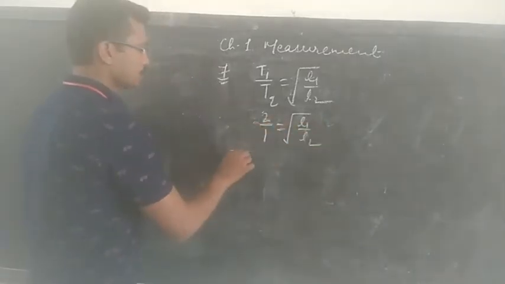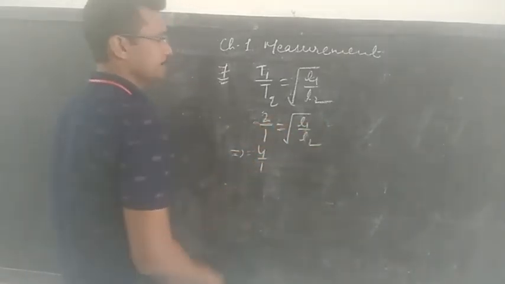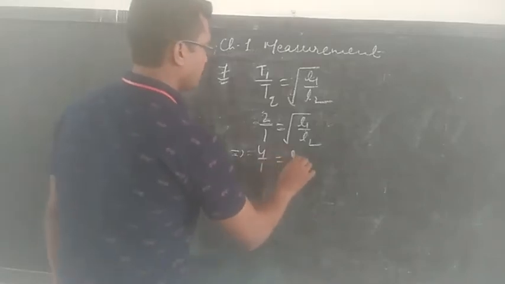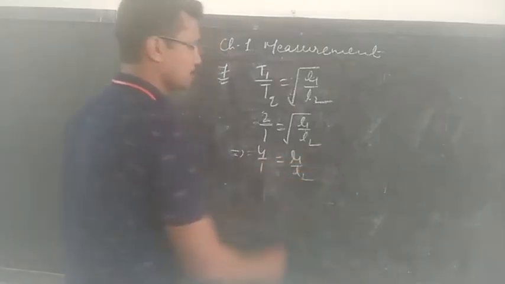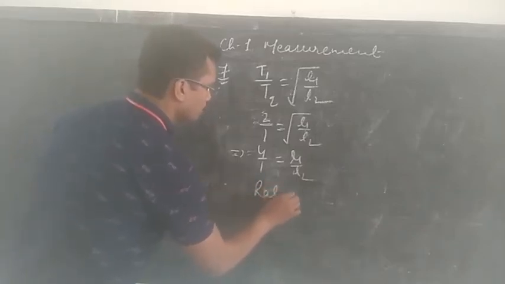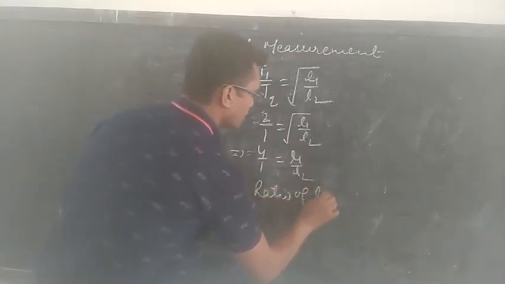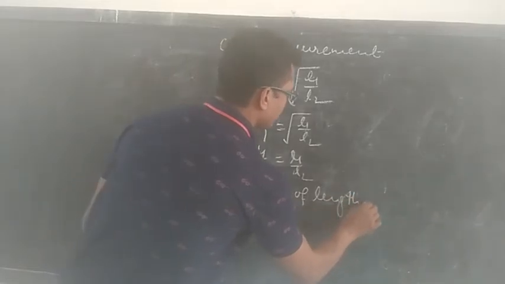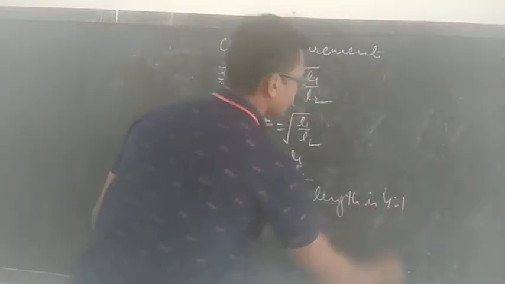So on squaring both sides, it becomes 4 by 1, which is L1 by L2. So the ratio of the lengths will be 4:1.